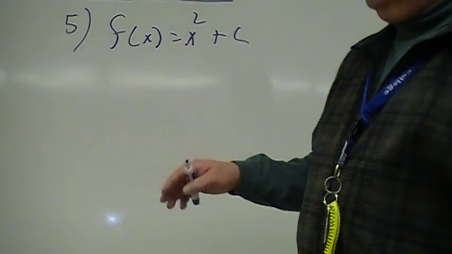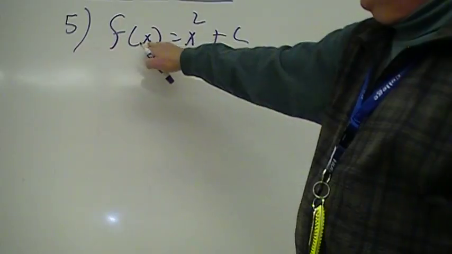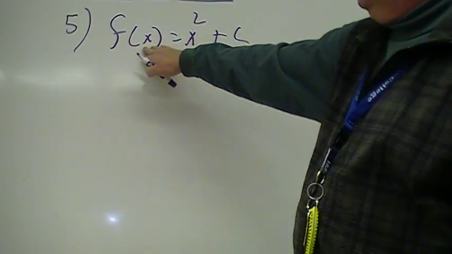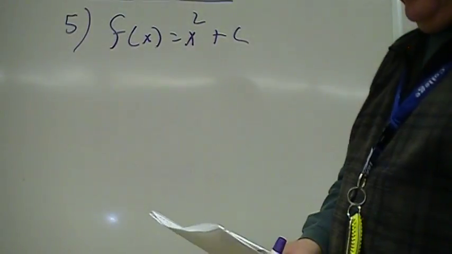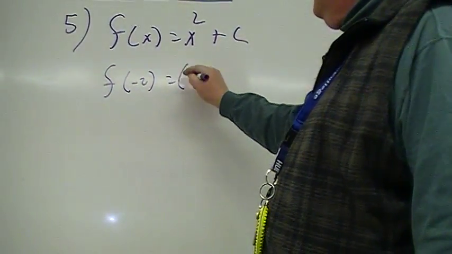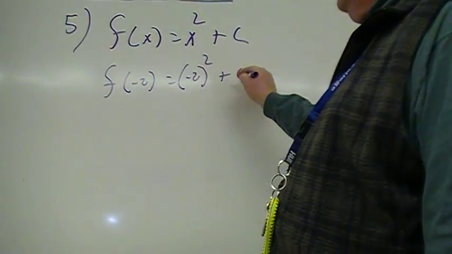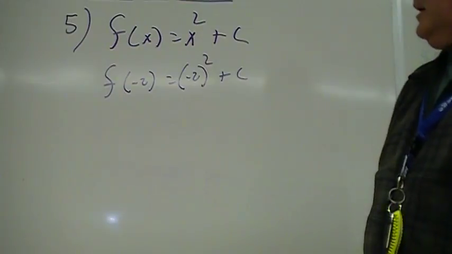Remember, we've talked about this before this year. When you have a function, this function of x is x squared plus c. So in our case, it talks about, well, what about the function of -2? So if x is -2, substitute -2 in for x.